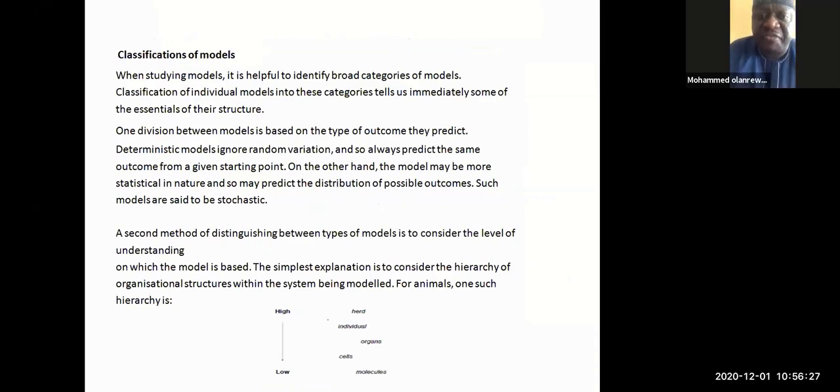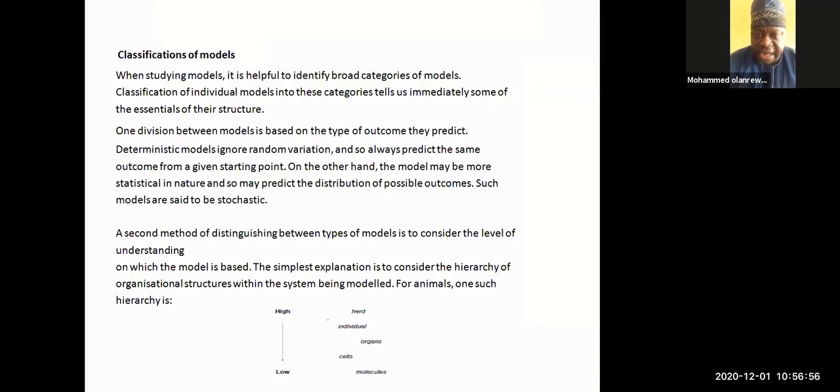Models could be classified. When you talk about classification of models, when studying models, it is helpful to identify broad categories of models. Classification of individual models into these categories tells us immediately some of the essentials of their structure. One division is between models based on the type of outcome they predict.